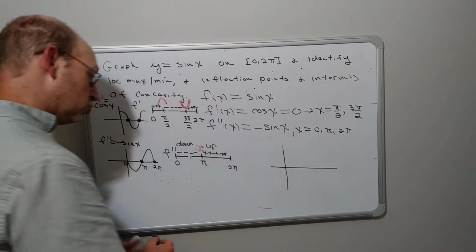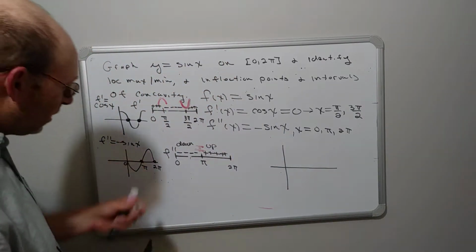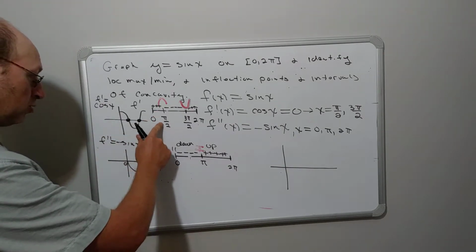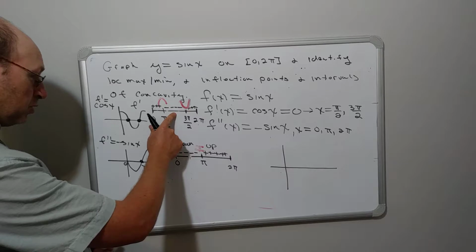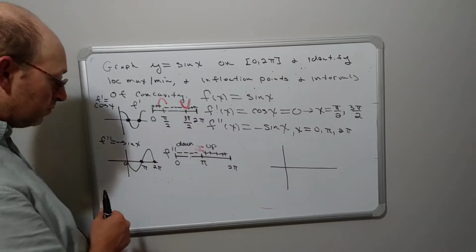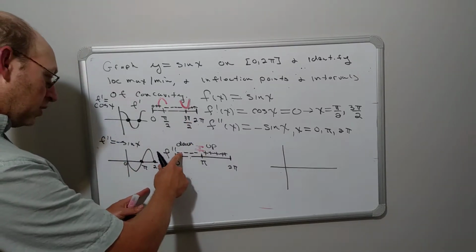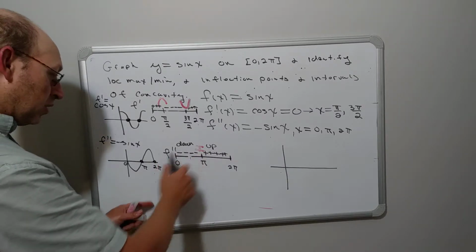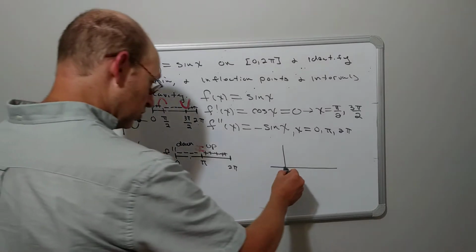So let's draw the graph of the sine, making believe we sort of don't know it. So we increase until we get to pi over 2, then we decrease, then we increase. We're going to be concave down, and then concave up. So let's see.